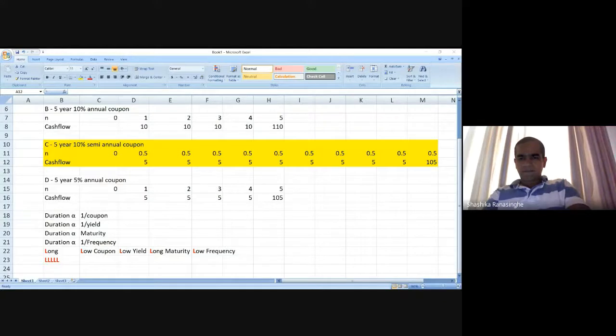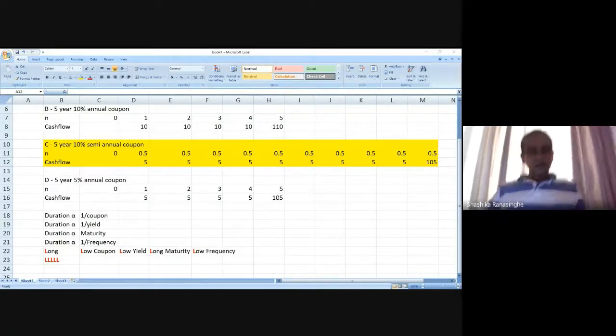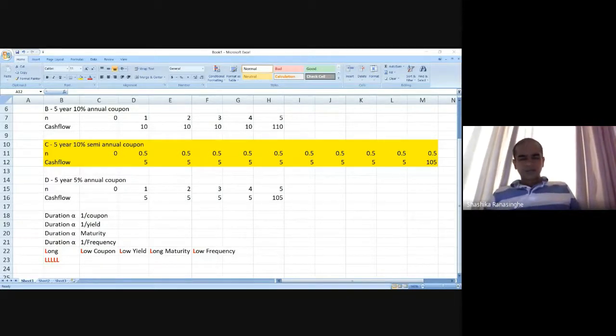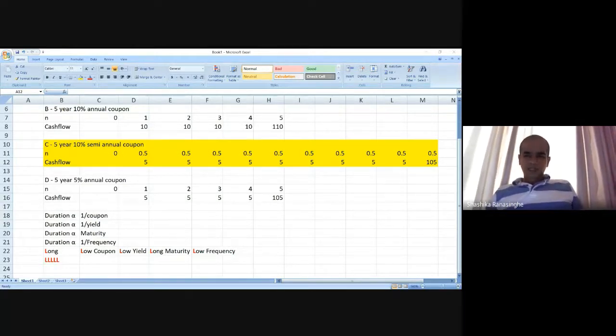All right. Understood? Yes, sir. Okay, so low coupon, longer maturity, low yield, and low frequency results in longer duration.